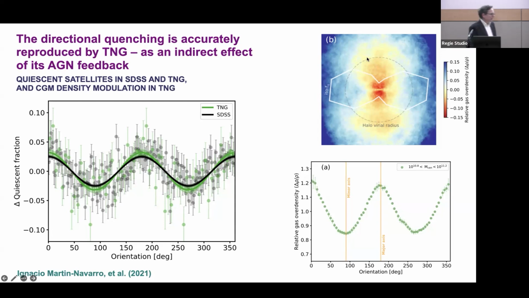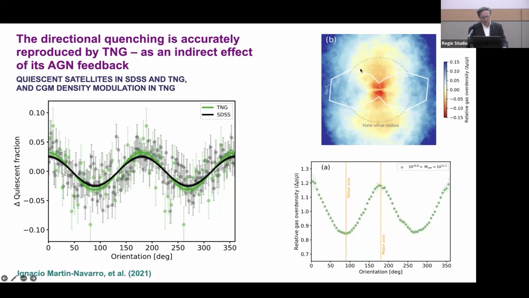That explains why the satellites are less quenched up there, because they experience less of a headwind. When they move through the galaxy, they have to move through this gas. And if there's a high gas density, then their own star formation is reduced because their own interstellar medium is stripped. So that's what we conjectured as an explanation.